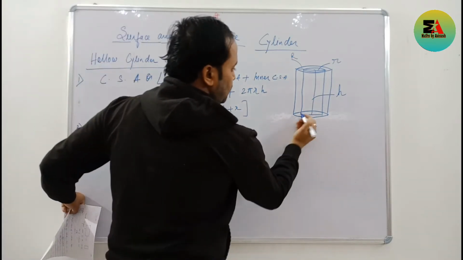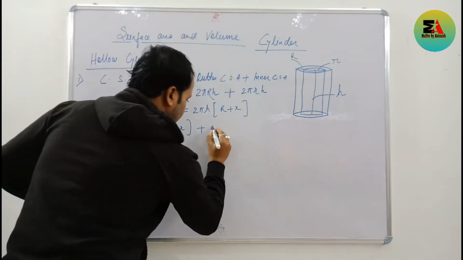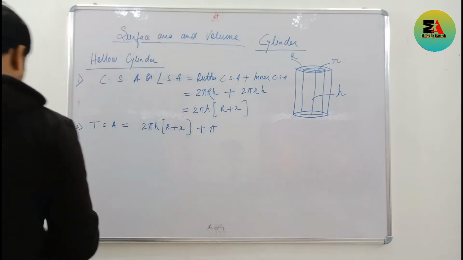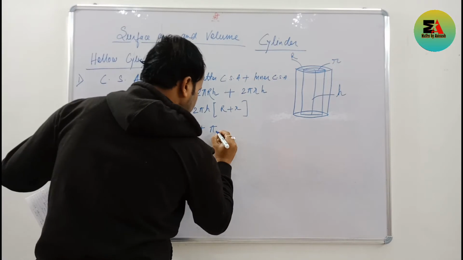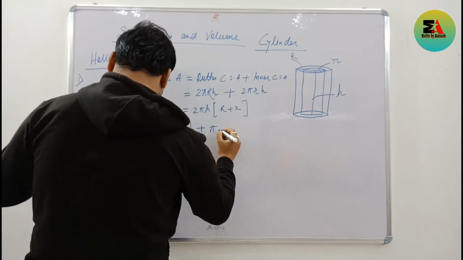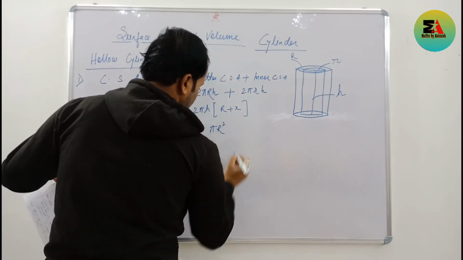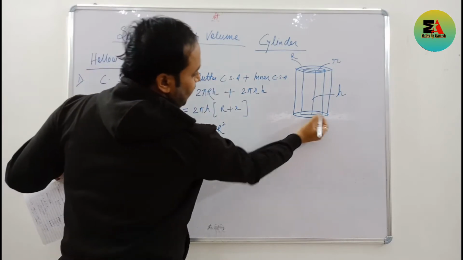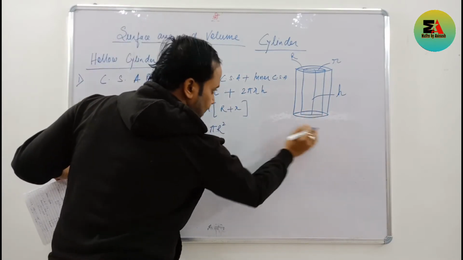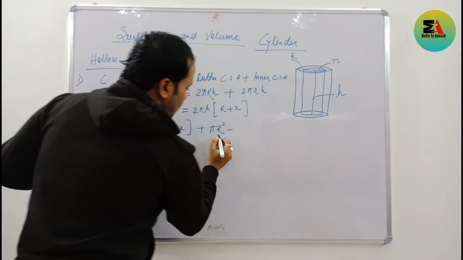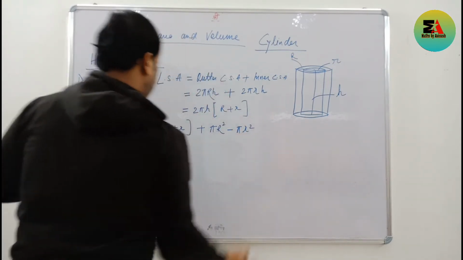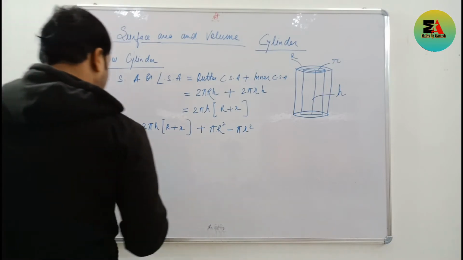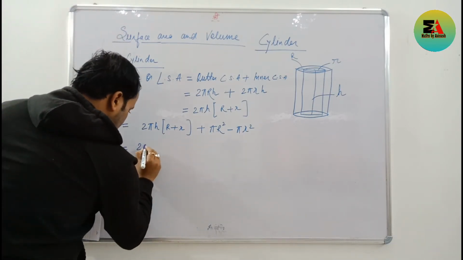Now, the area of the smaller one is pi small r square. First of all, we take the difference. The difference is bigger minus smaller. Pi R square minus pi r square, where R is the radius of the bigger circle and r is the smaller circle. I hope this one is clear to you.